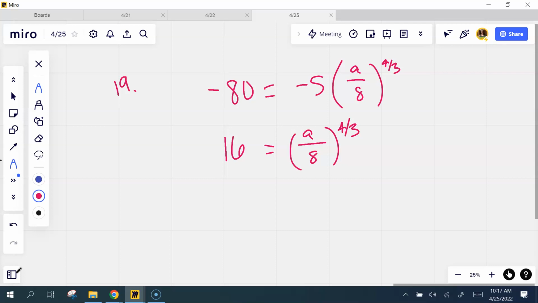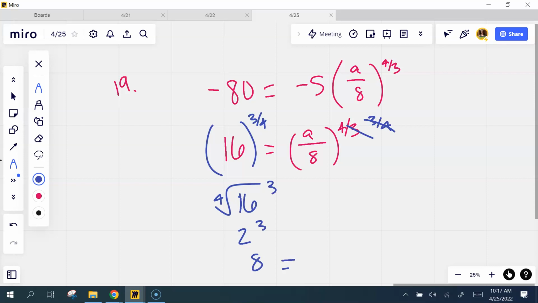Now raise it to the reciprocal power. What's the fourth root of 16? And 2 to the third is? It's 2 to the third, which is 8. So I got 8 equals a over 8.